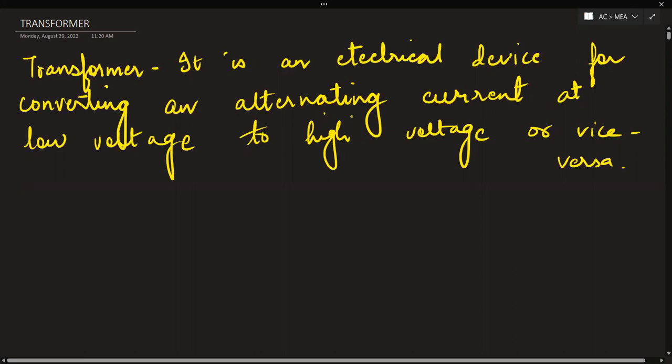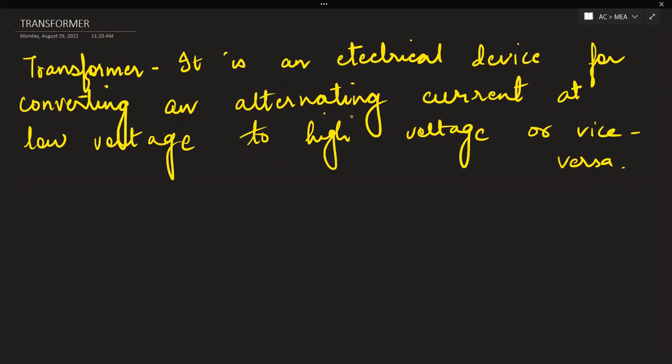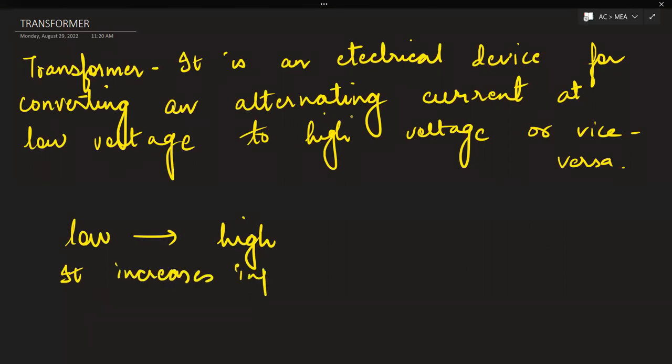Now see, if it increases the input voltage, that is, if it is from low to high, then that type of transformer, we call it a step up transformer.